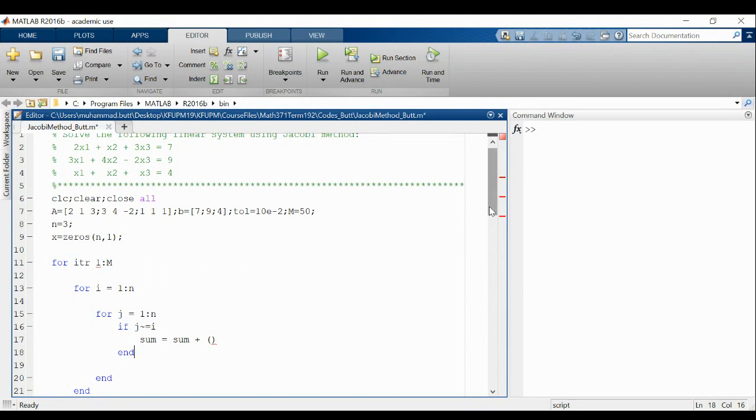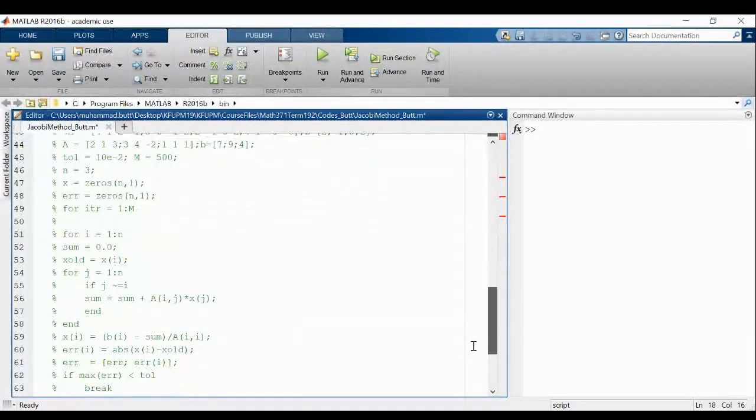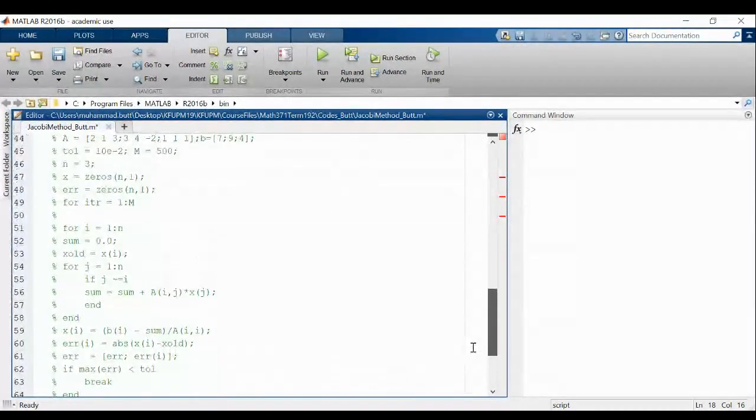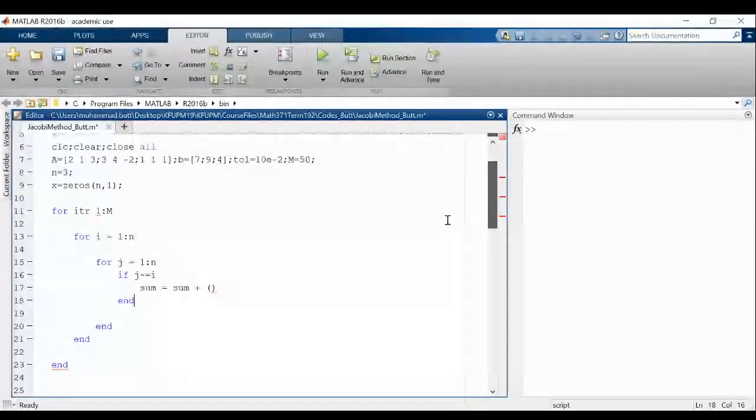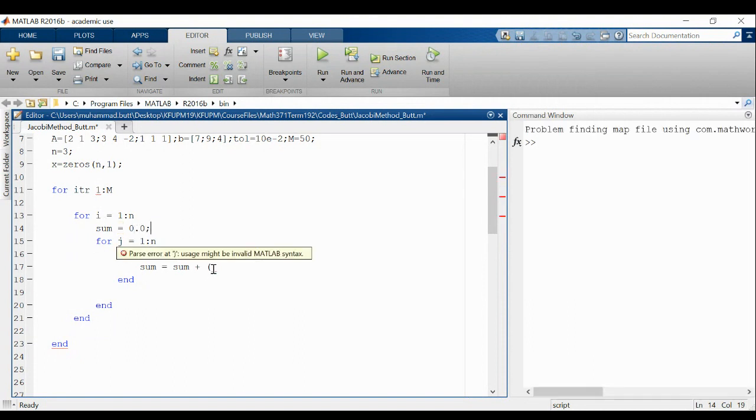So we see in the beginning the sum is 0 or 0.0, and here you remember what was this? a_ij into x_j.